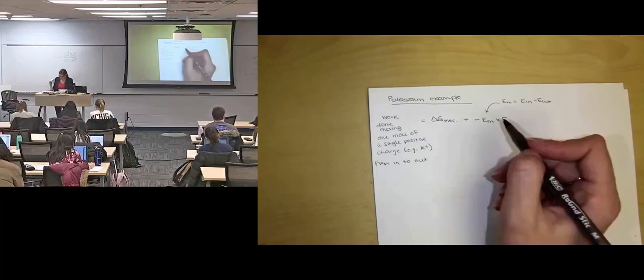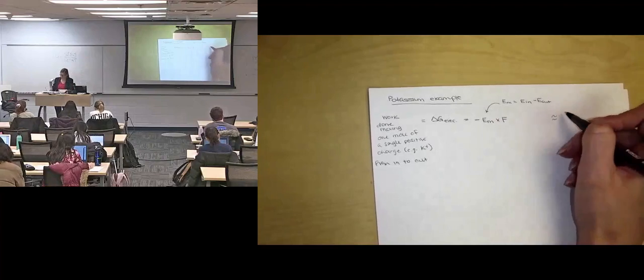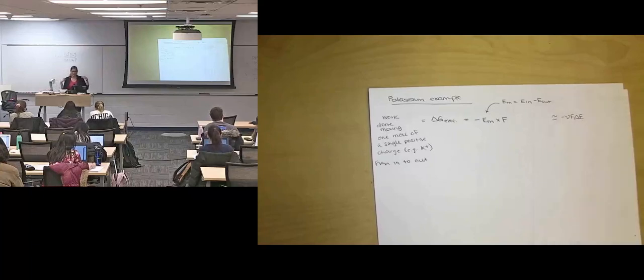This piece here is analogous to what we saw earlier, but it's for a very particular situation that we're talking about only. There's still a potential difference, so E sub m is still there.